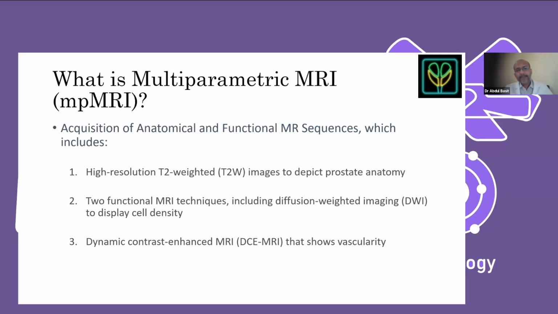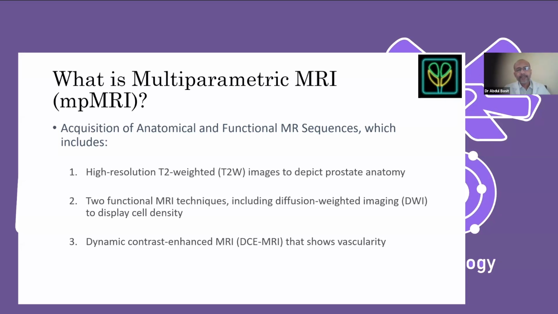So what is multi-parametric MR? Basically, it includes some additional sequences, which are not just anatomical sequences. They can be labeled as functional MR sequences. And the sequences that are included in multi-parametric MR are high resolution T2 weighted images, which usually tell us better details about the prostate anatomy.